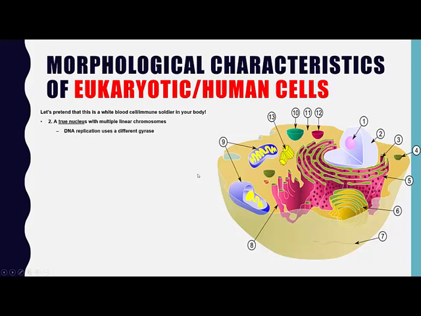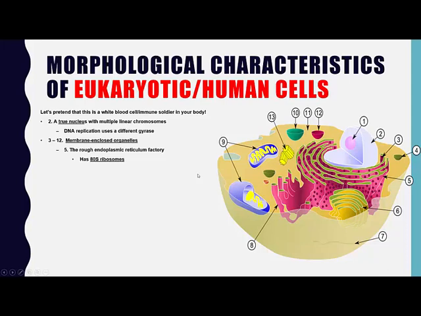Don't worry about number 1. So DNA replication is by a different gyrase enzyme than with bacteria. And look at all these membrane-enclosed organelles that we've got, 3 through 12 pretty much. 5 is the rough endoplasmic reticulum. It's basically a factory, and it's called rough because it has little ribosomes attached to it.